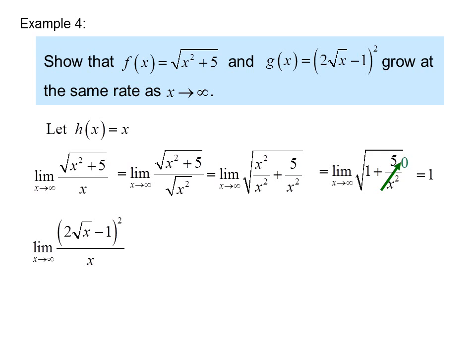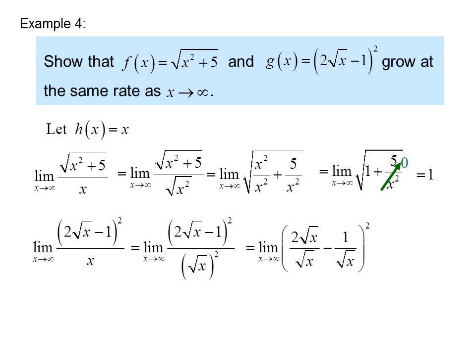Now, if we compare 2 radical x minus 1 quantity squared with x, we can take the limit as x goes to infinity of 2 radical x minus 1 quantity squared over x, which is the limit as x goes to infinity of 2 radical x minus 1 quantity squared over radical x squared.